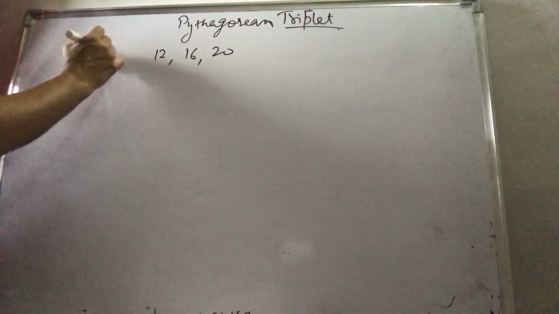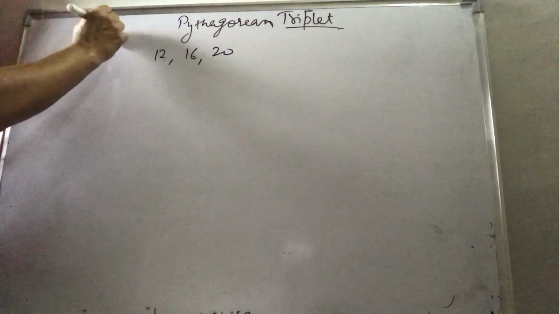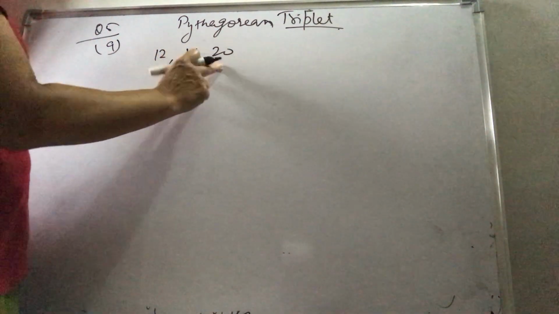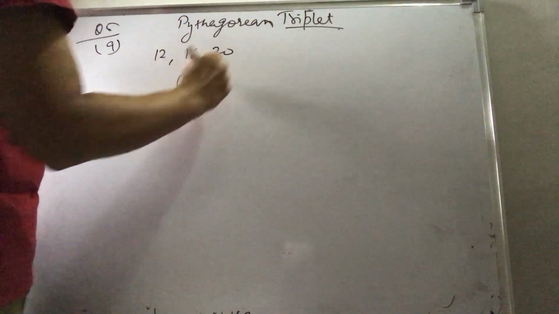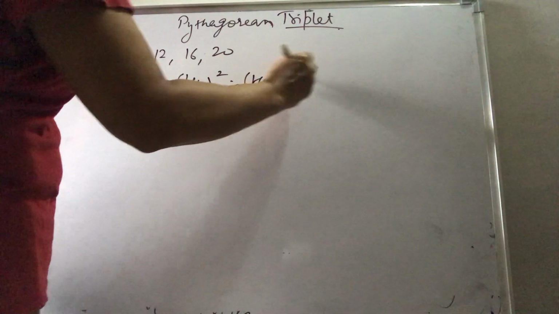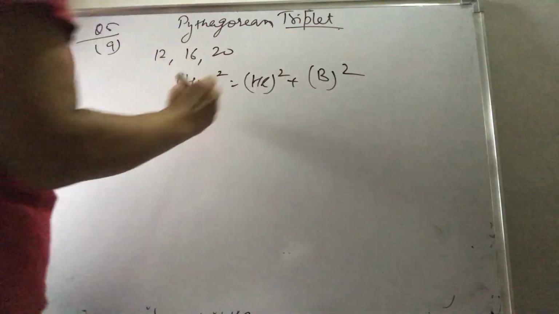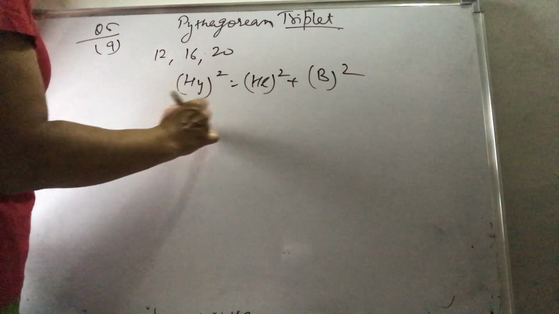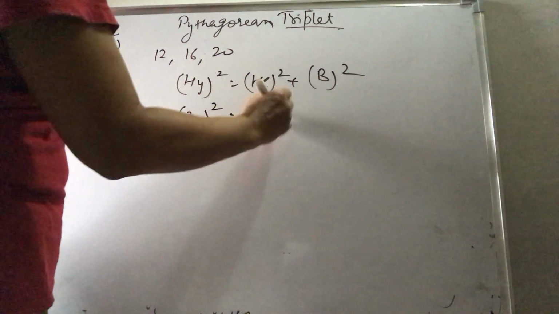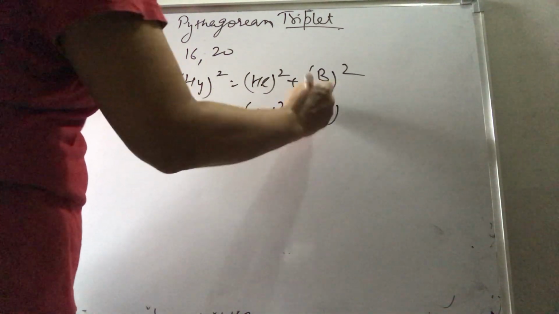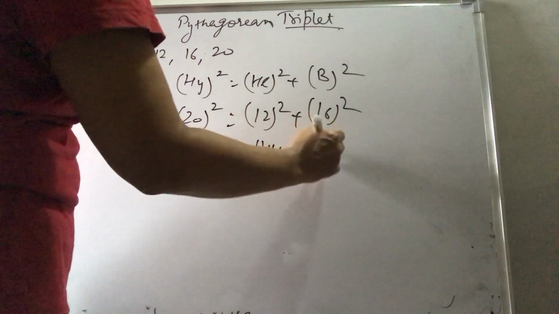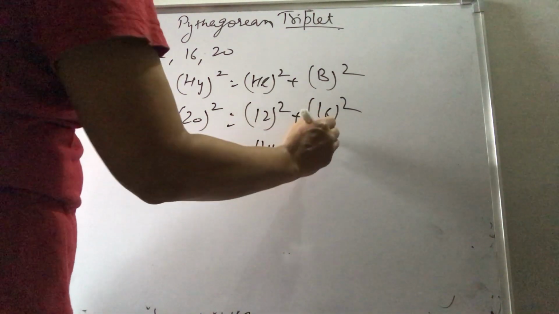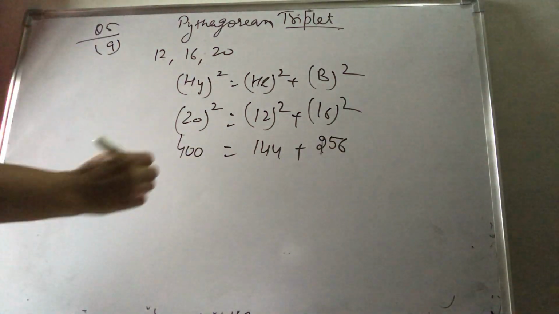Let's start question number 5, A part. Using Pythagoras theorem, the longest side, that means 20, will be the hypotenuse. Hypotenuse square is equal to height square plus base square. Hypotenuse is 20, height 12, base 16. 20 square means 400, 12 square means 144, and 16 square means 256.